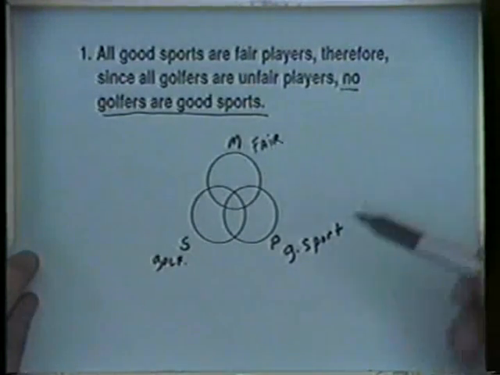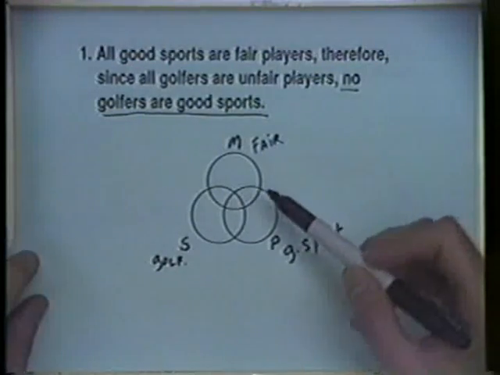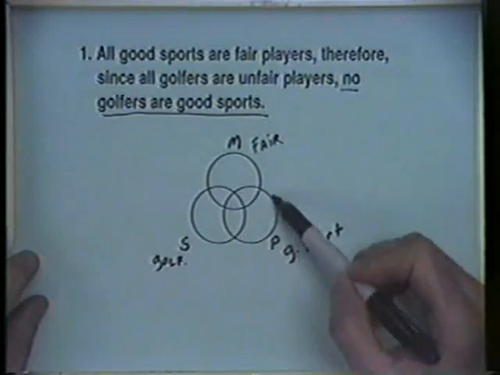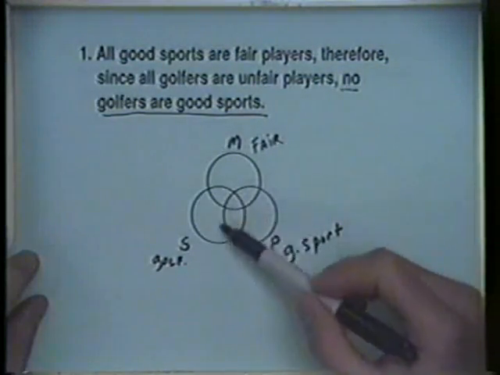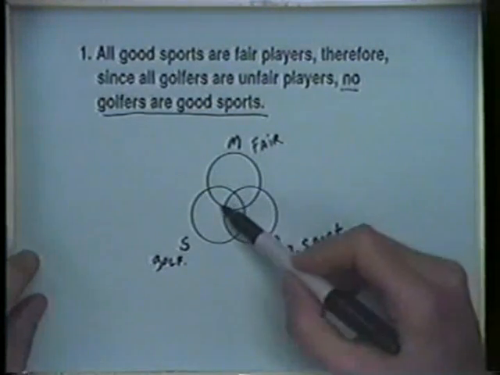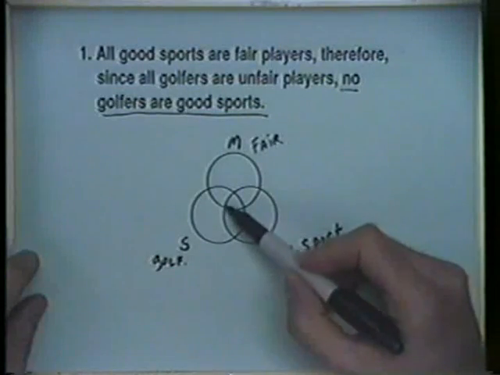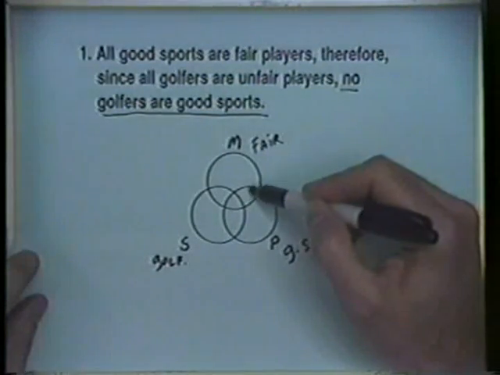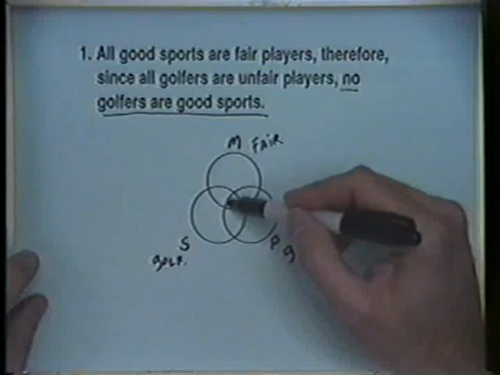All good sports are fair players says that anything that is a good sport, or anything in this circle here, has to also be in the circle of fair players. That is, it has to be above this line here. It has to be in this intersection here.